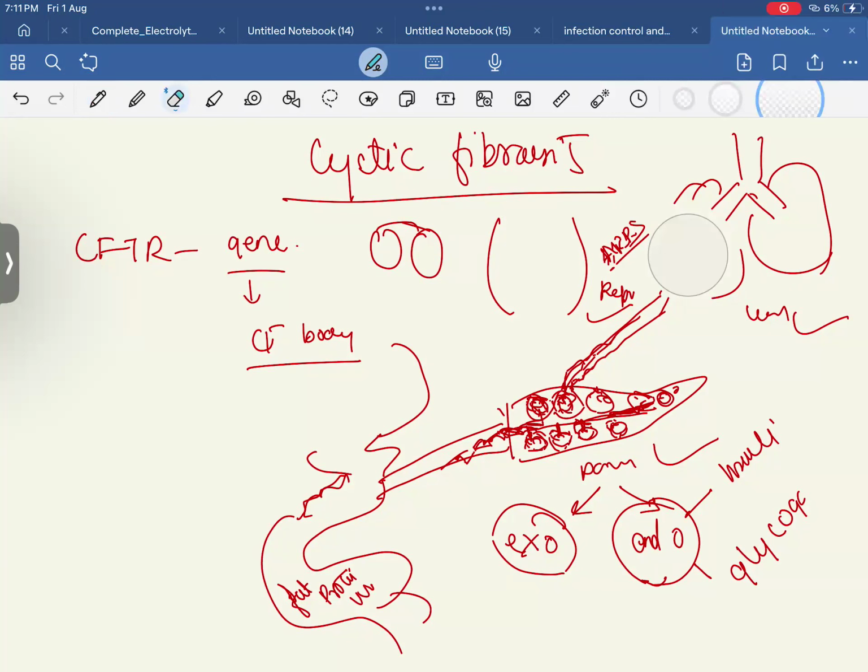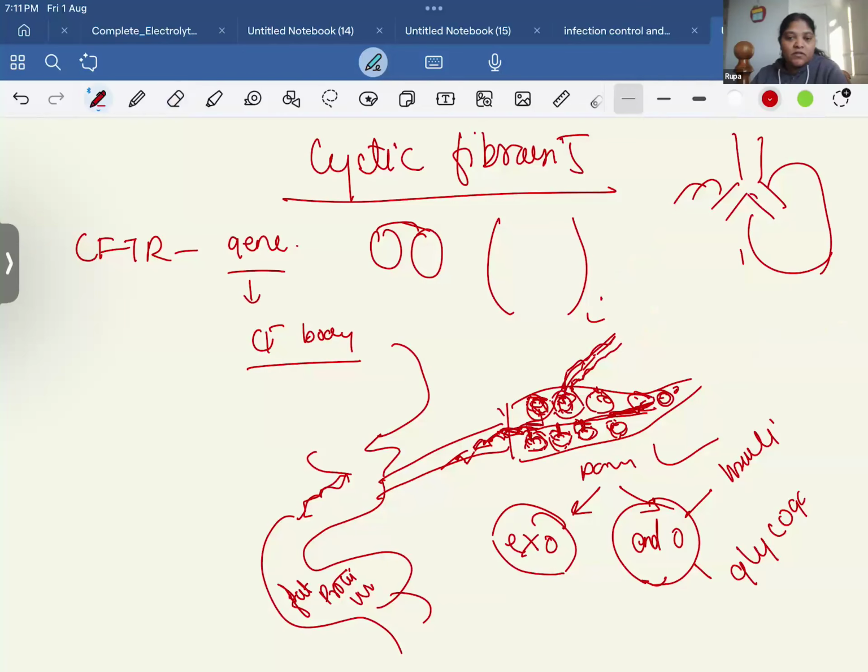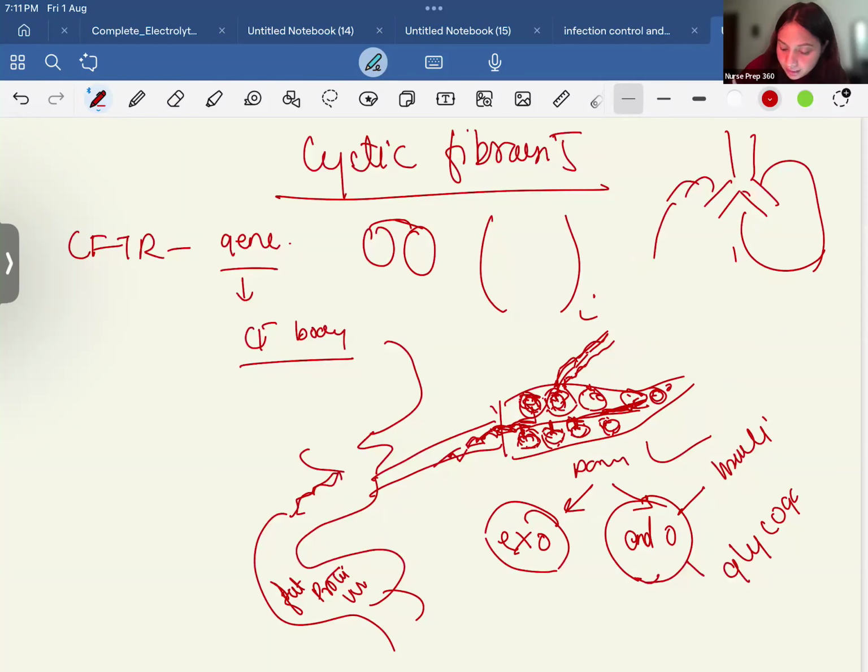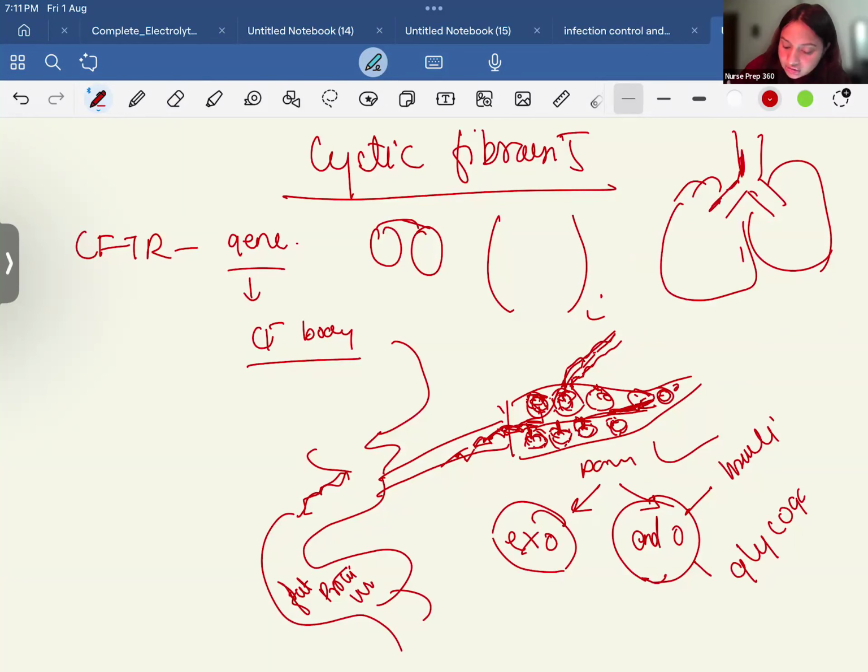Your lungs are responsible for gas exchange: inhale oxygen and exhale carbon dioxide, and also to remove the secretions from your airway. Just imagine there are so many secretions in your airway.